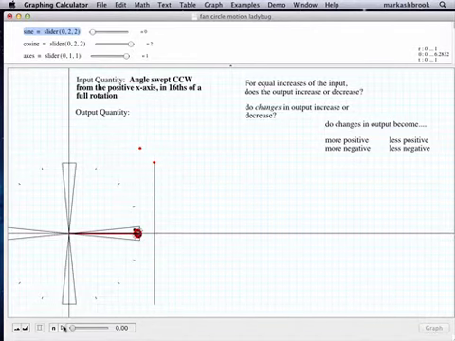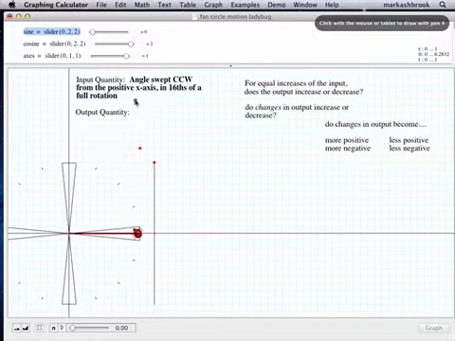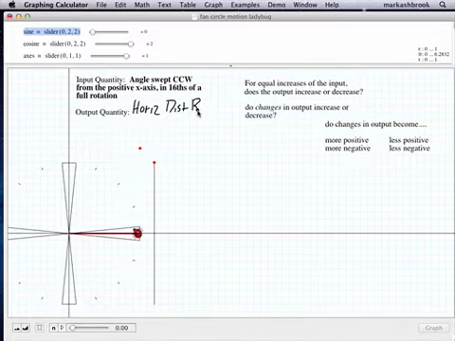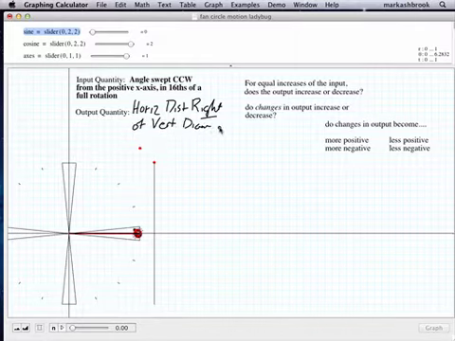All right, so now we want our output quantity to be, instead of the vertical distance above horizontal diameter, horizontal distance right of vertical diameter. And again, we'll just go straight to radius lengths here. So before we did it in feet, and then we said generalized to radius lengths. We'll just start right here in radius lengths.